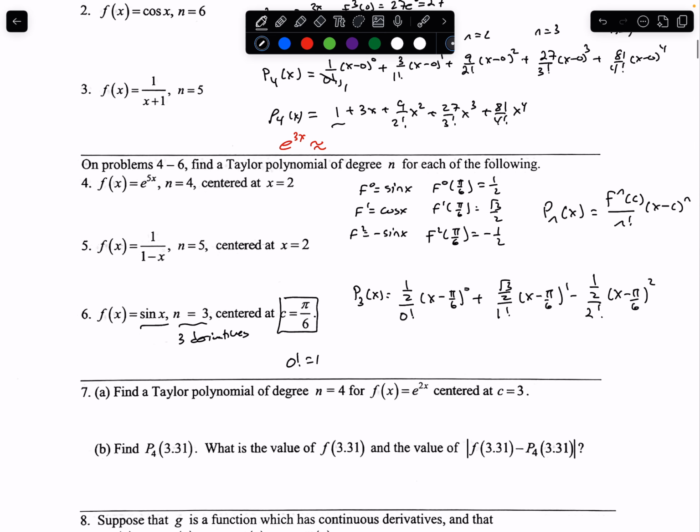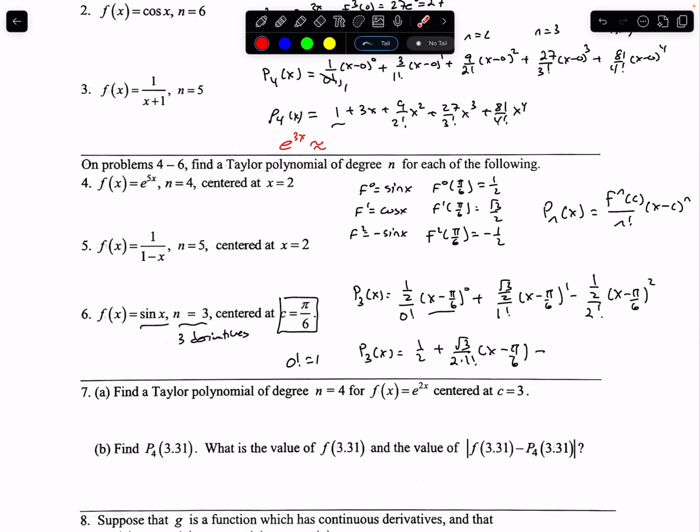So over here, when we would reduce it, p sub 3 of x, this just becomes 1/2, x minus, well, this just becomes 1 because it's to the 0 power. So I go plus. When I take a look at root 3 over 2 over 1 factorial, I can just write that root 3 over 2 times 1 factorial, x minus pi over 6.